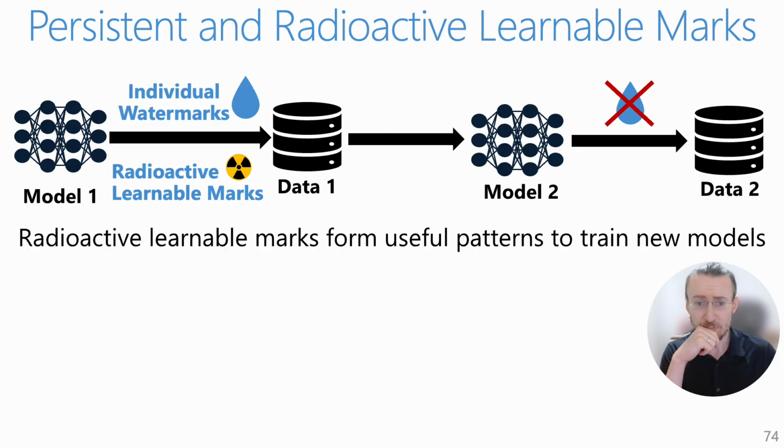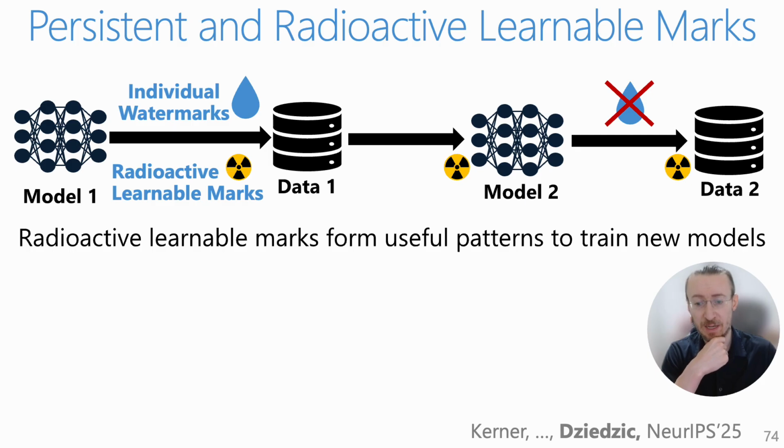We showed that this kind of pattern is present in BitMark, where we embed very similar, or the same, bit sequences across a given image and then among many generated images. If we provide such watermarked images to model 2, it picks up on these BitMark patterns and memorizes them. So model 2 then emits the BitMark.